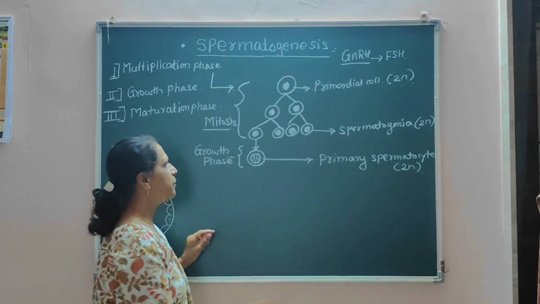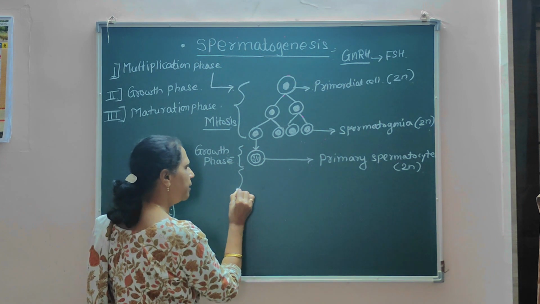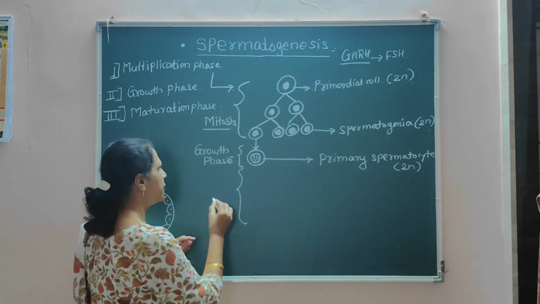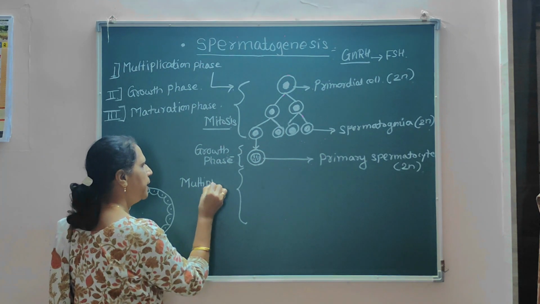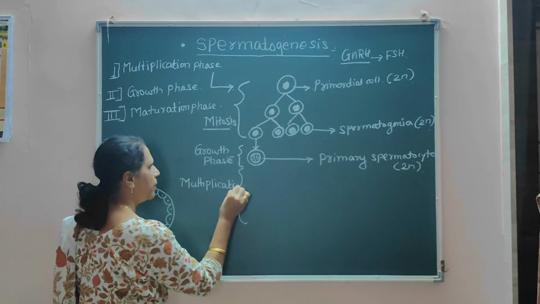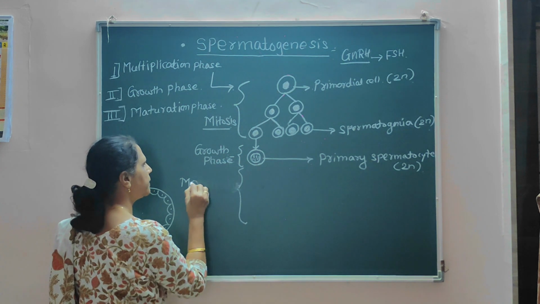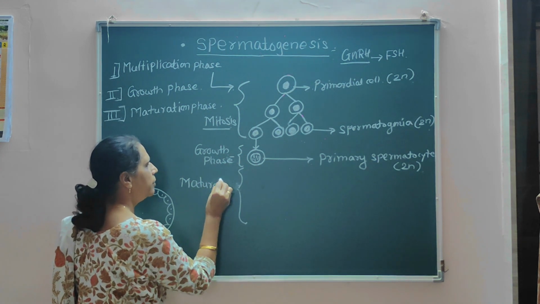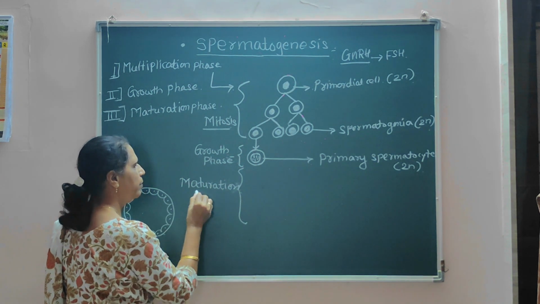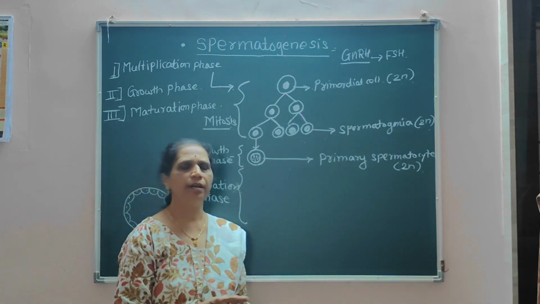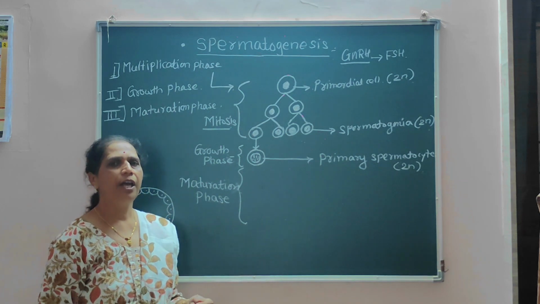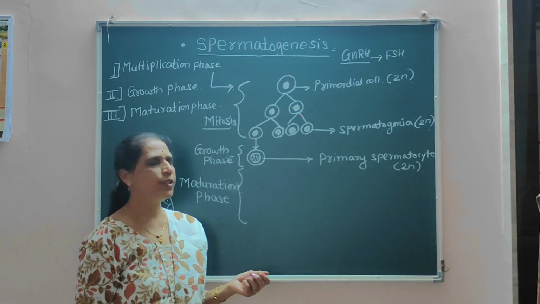This primary spermatocyte then undergoes two meiotic divisions. This phase is called maturation phase, by which the primary spermatocytes undergo meiotic divisions and form male gametes, that is sperms.